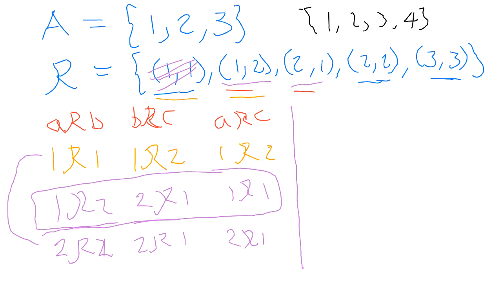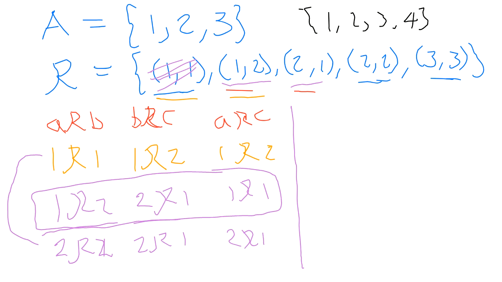Okay, I get you now. You need to have all of them. Whatever set you create, just ensure all the reflexive ones are there. Yes, every one has to be there. If 1, 1 was missing, or 2, 2, or 3, 3 was missing, then it would not be reflexive.